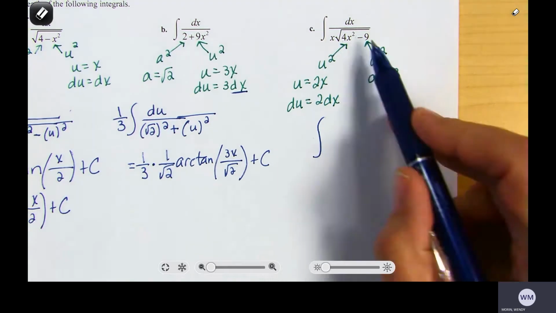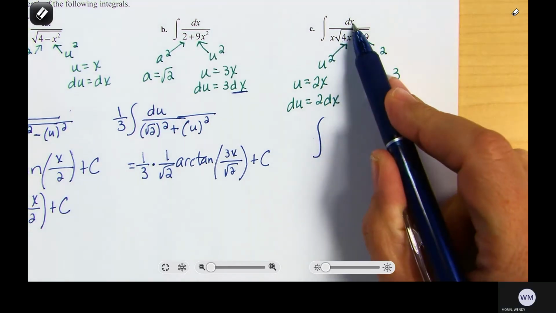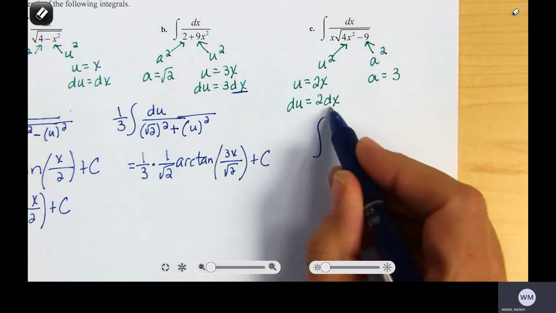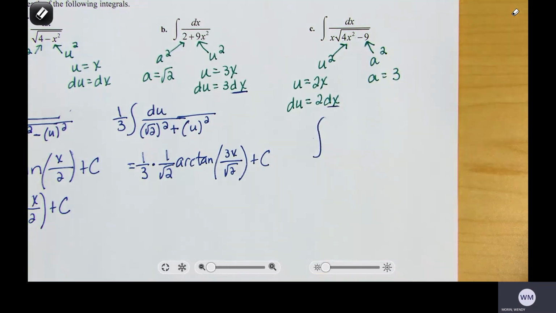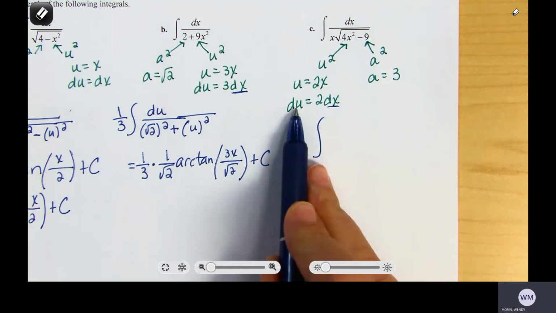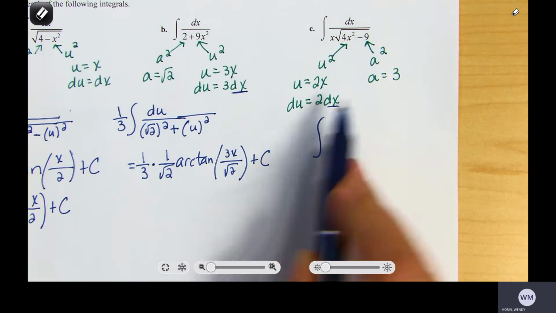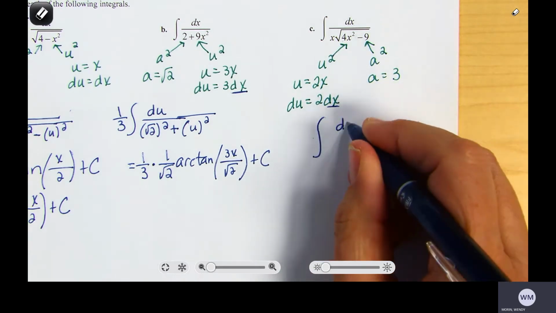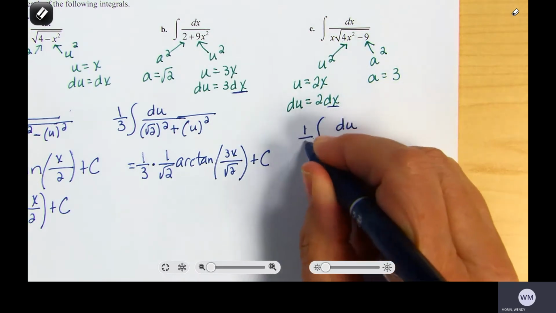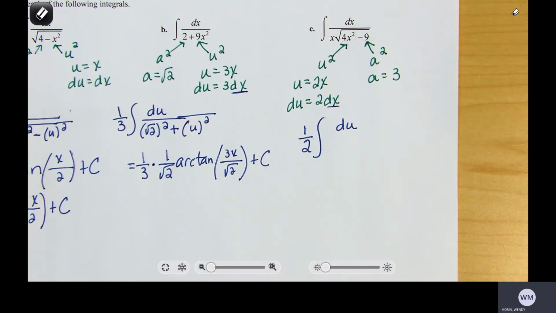So start with the dx on the top. What is your dx equal to? It's equal to du divided by 2. Again, coefficients can always go out in front. We like to do that. Move them out of the way. Okay.